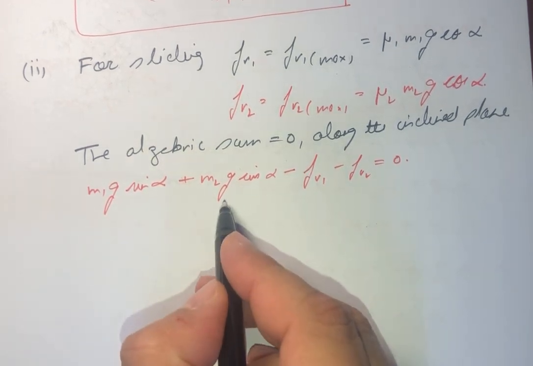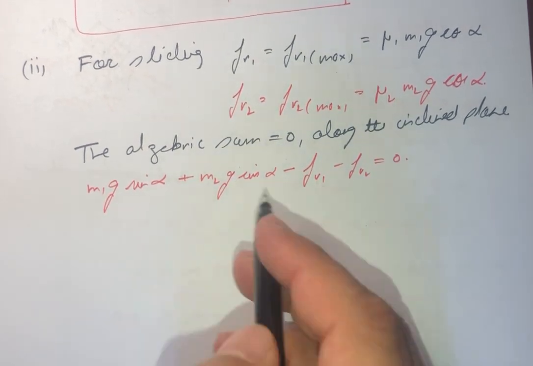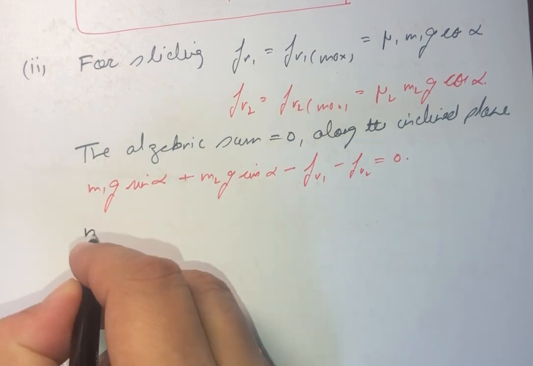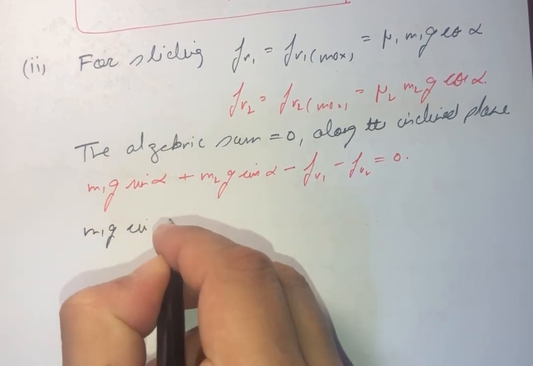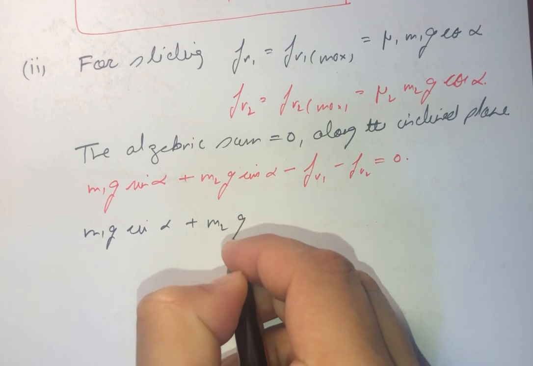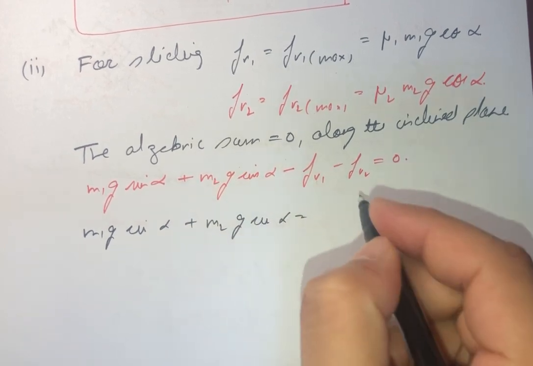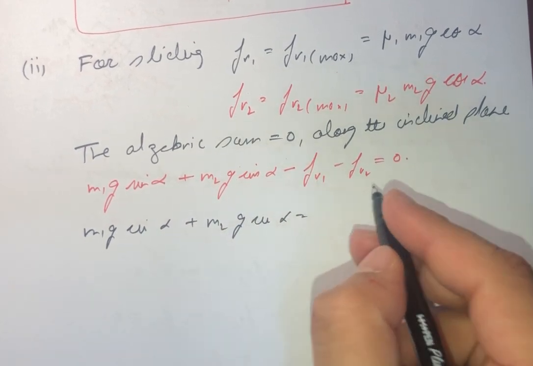We can take m1 g sin alpha plus m2 g sin alpha equal to fr1 plus fr2.